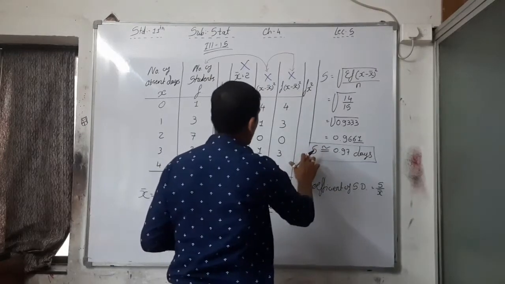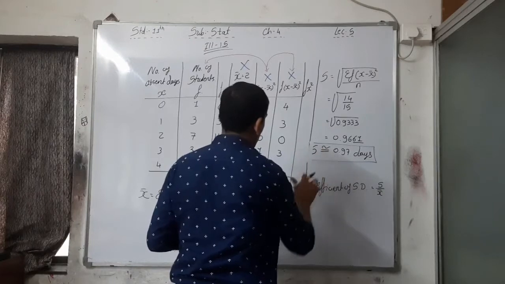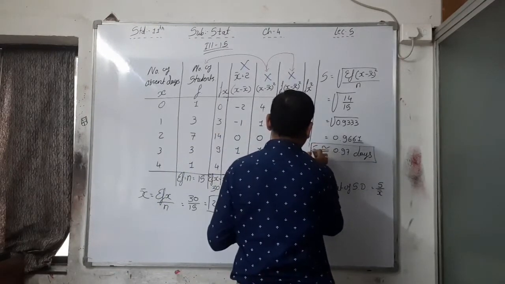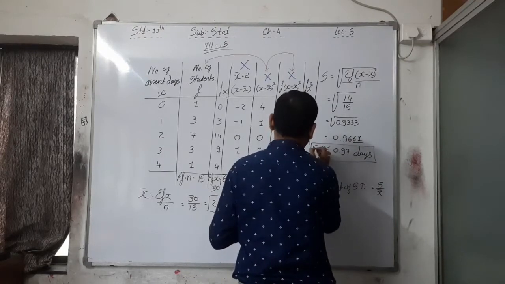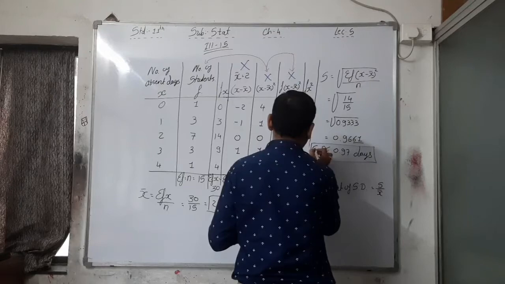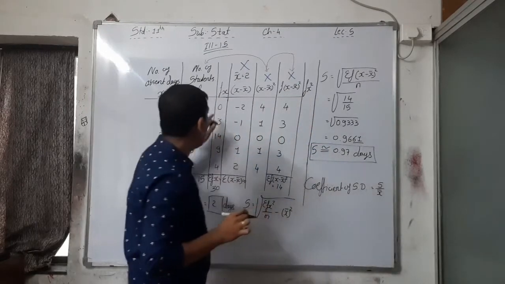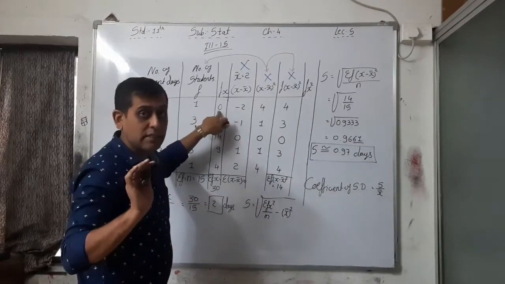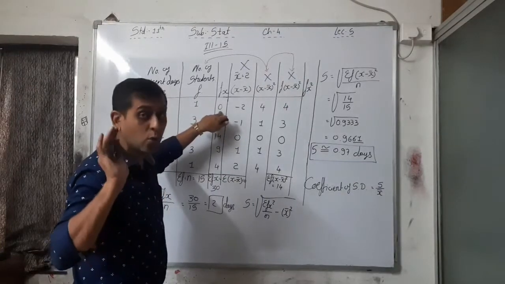What is the formula for fx square? Fx into x. Not the square of fx whole.